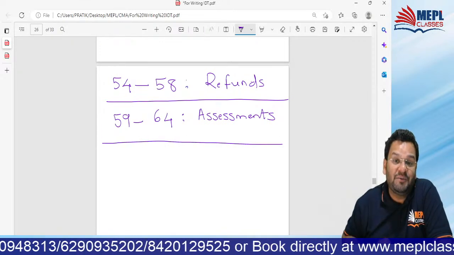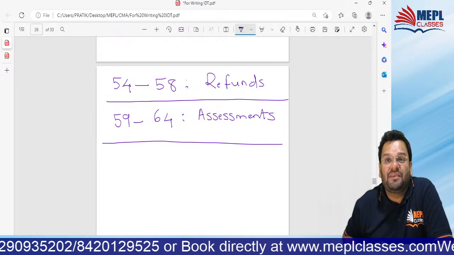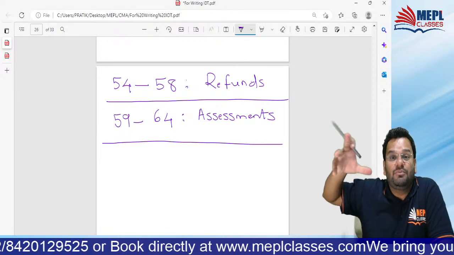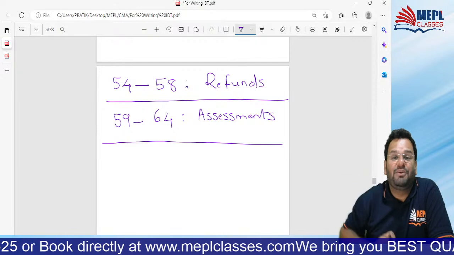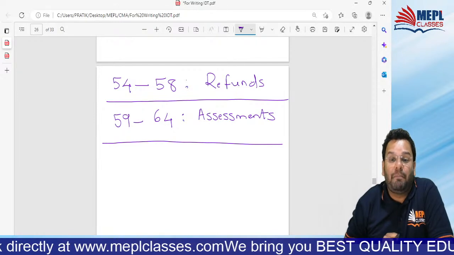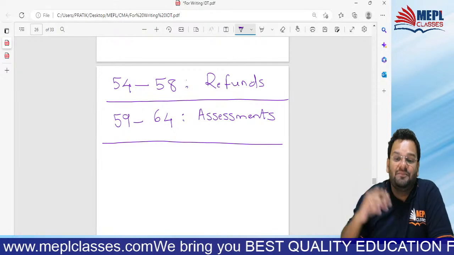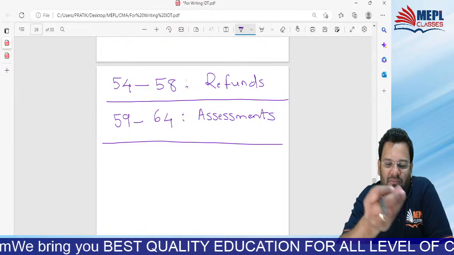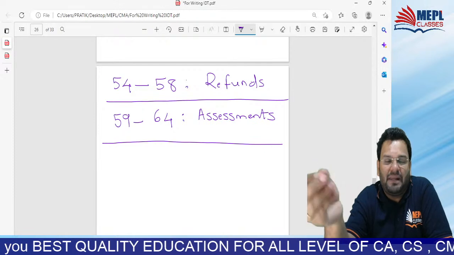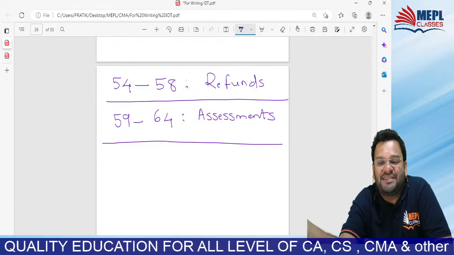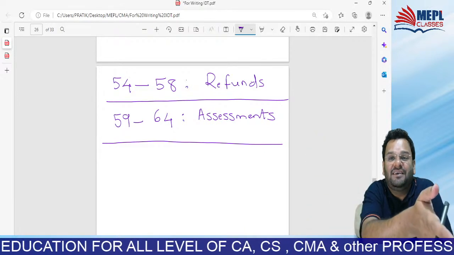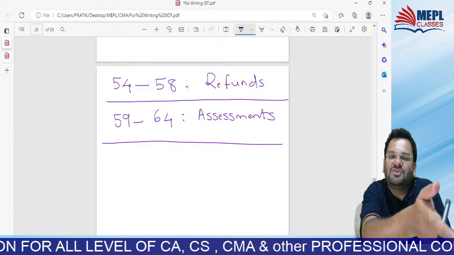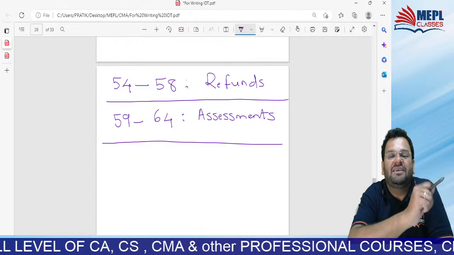Summary assessment. Sometimes, according to the judgment of the officer, assessment can be done, which is best judgment assessment. This will be done if the person, the supplier, has not even registered under GST, but the officer can see that he is not paying tax and he is not getting registered.